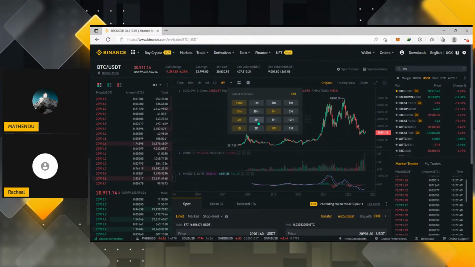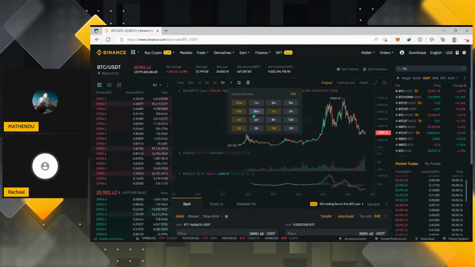Also, another thing to consider is that if you want to actively consider spot trading, first figure out what type of trader you would like to be. Would you like to be a daily trader or a swing trader? A daily trader is someone who wants to trade in a very short time frame.